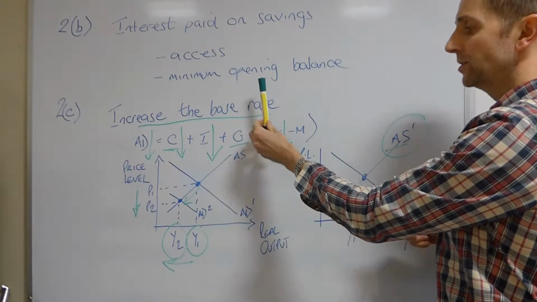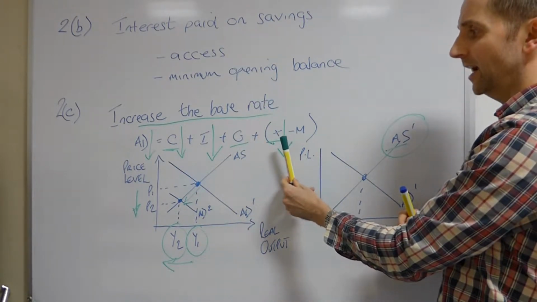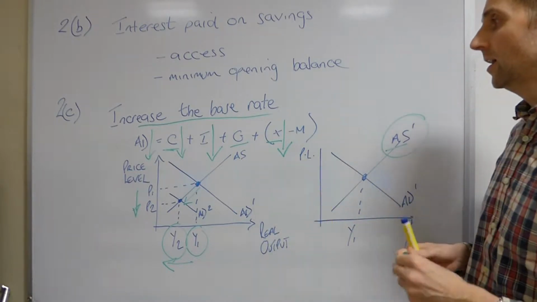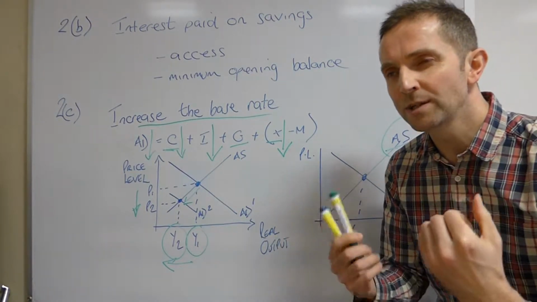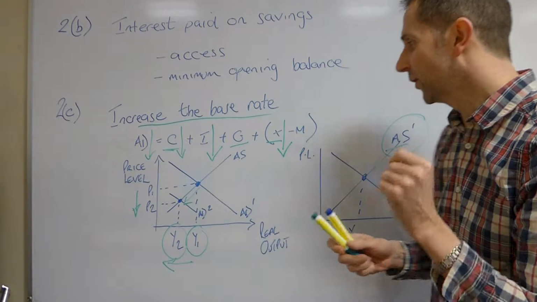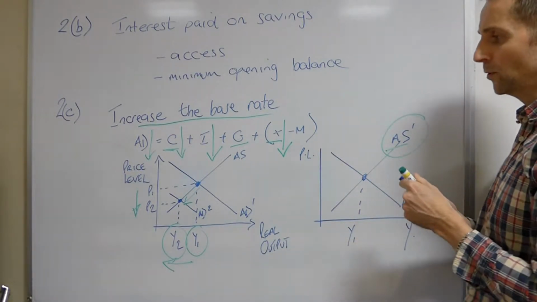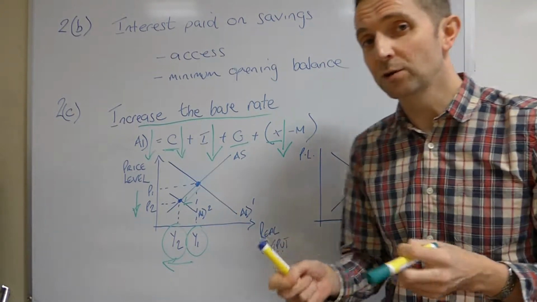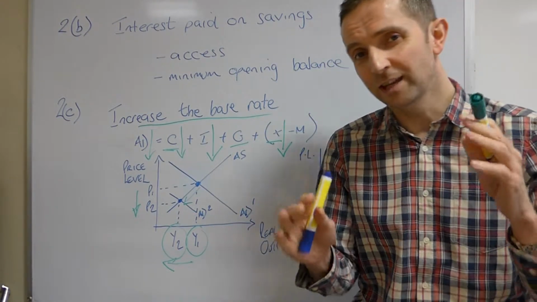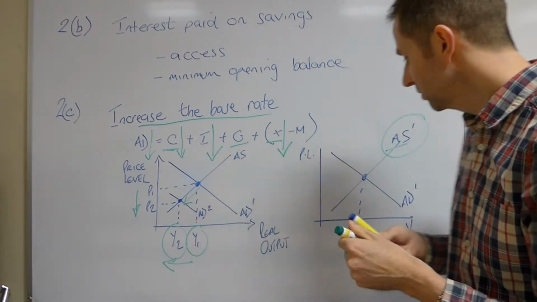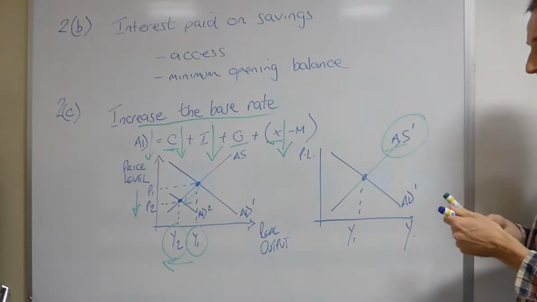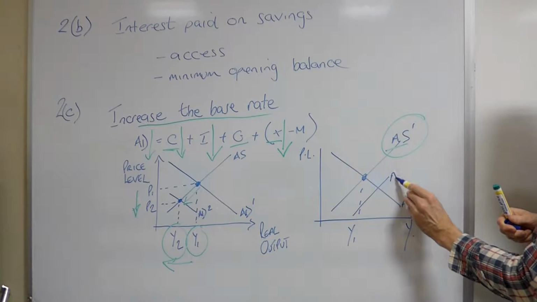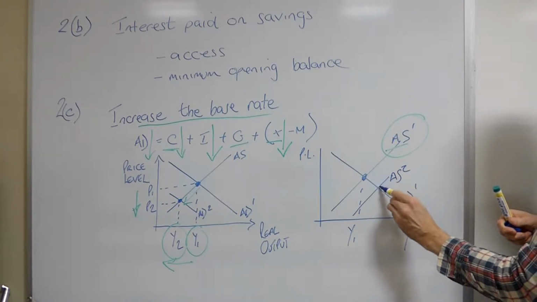When the base rate rises, we said that the price of the export goes up, demand for the export falls. But what about import prices, raw material prices, costs for firms? Well, the import prices become cheaper because, of course, imports are the flip side of the export coin. And so you could therefore say that costs of production for some firms might fall, and so AS would shift to the right.